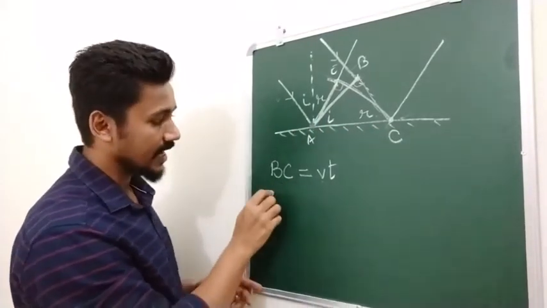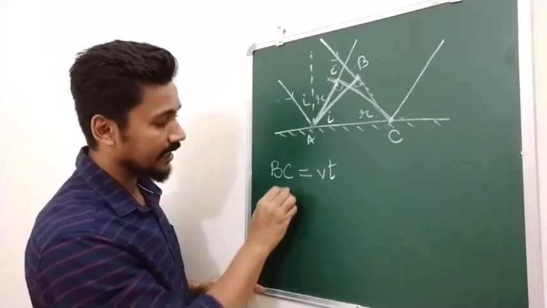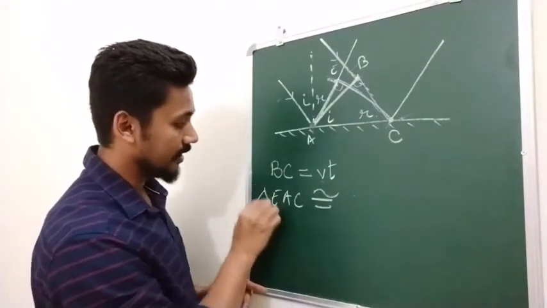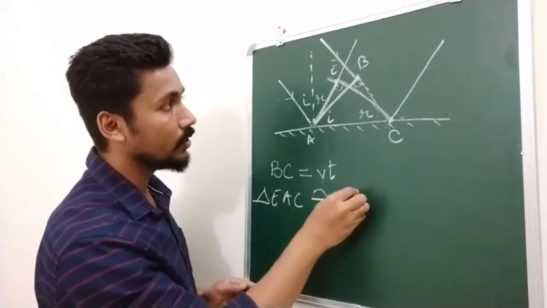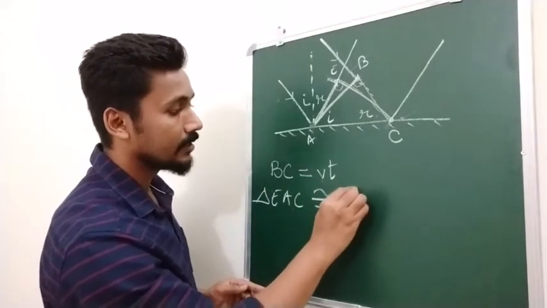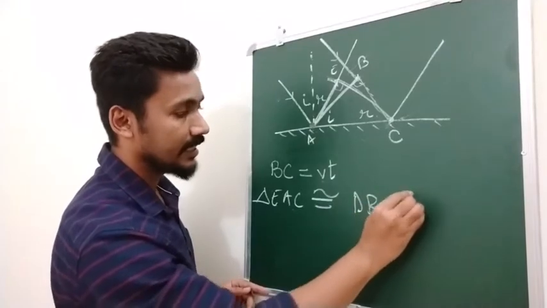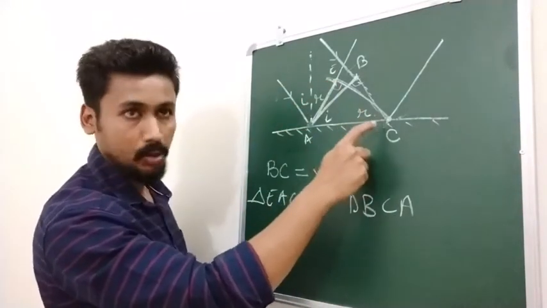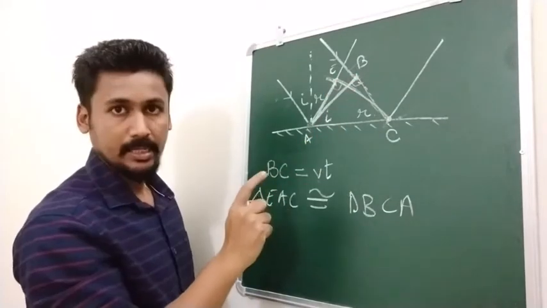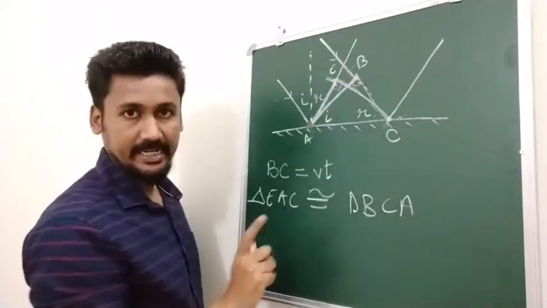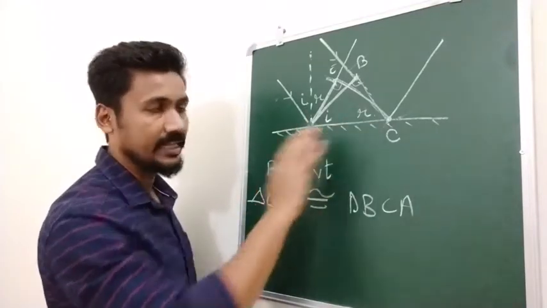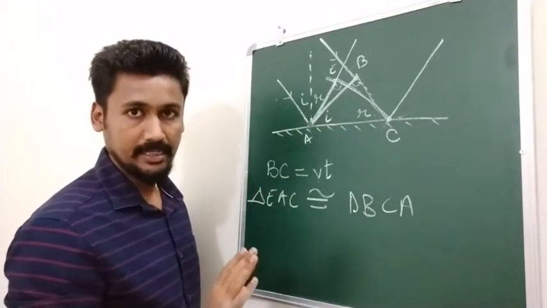So triangle EAC will be congruent to triangle BCA, because both of them have a 90 degree right angle and the hypotenuse is also common. That means definitely they are going to be congruent triangles.